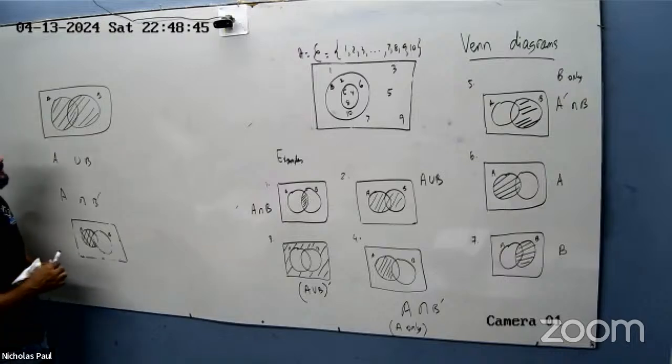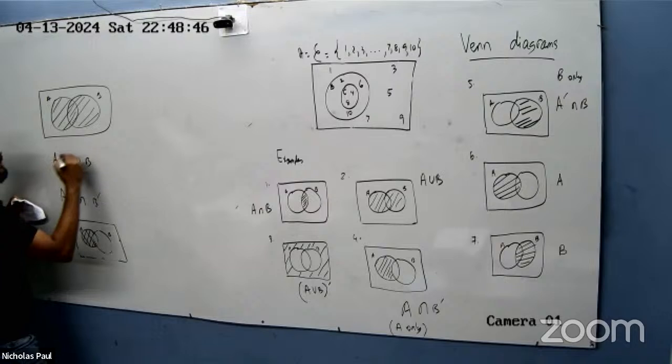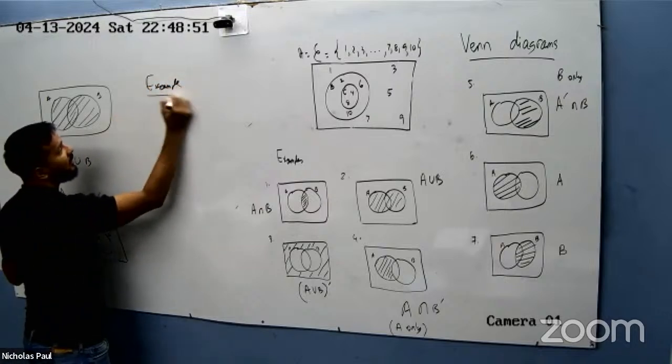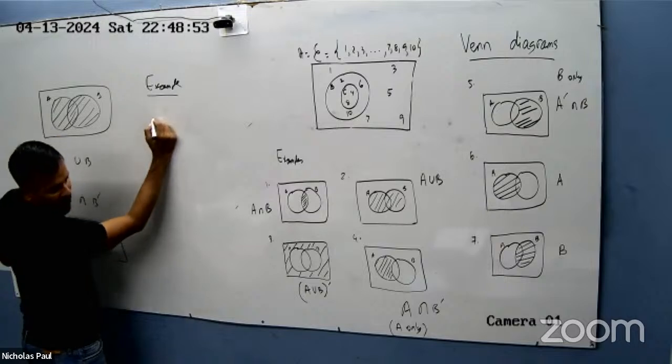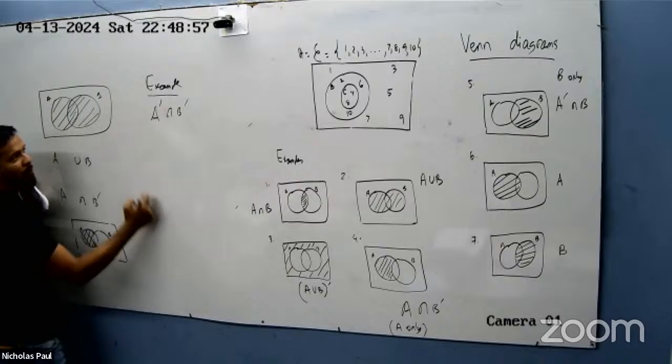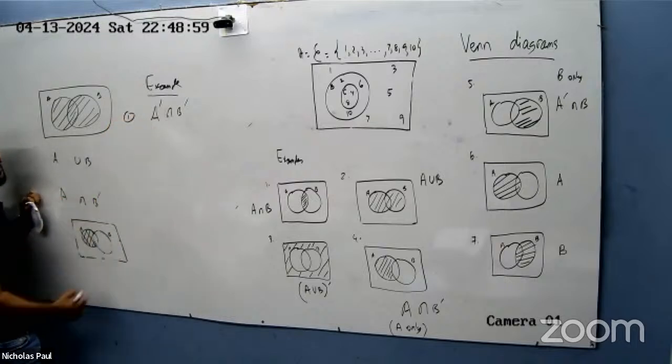We're going to do one together. As a quick example, try this here. I didn't give you this one. Try A complement intersect B complement. Shade that for me. One example.